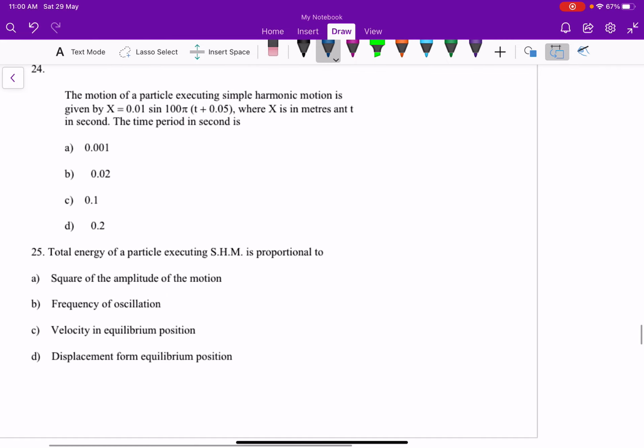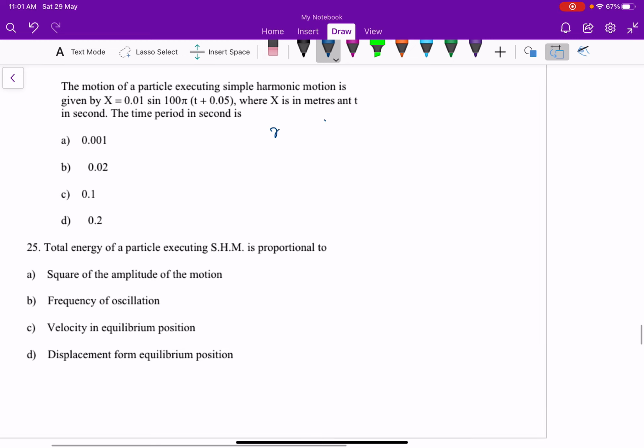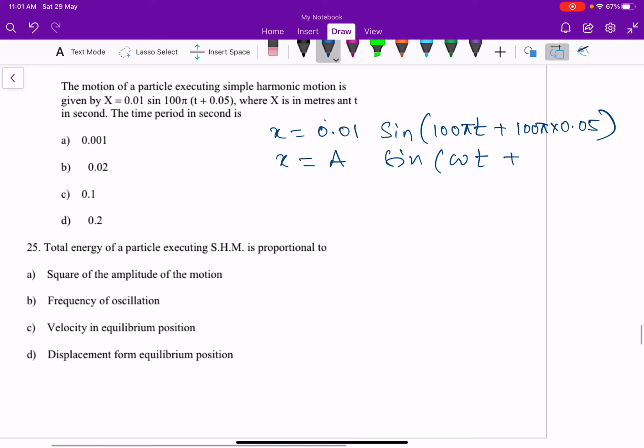Next, 24th one. The motion of a particle executing simple harmonic motion is given by x equal to 0.01 sine of (100 pi t plus 100 pi into 0.05). It is in the form of x equal to a sine (omega t plus phi).